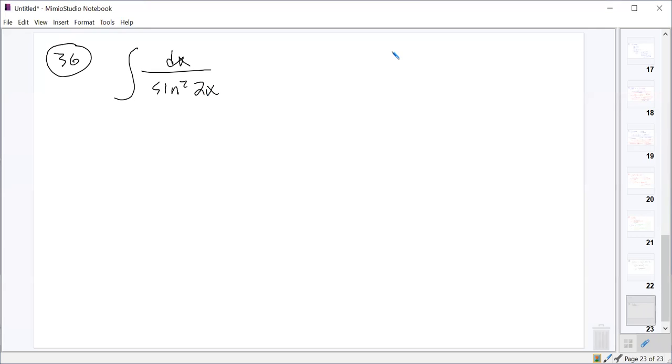if we're looking at 36, we're going to rewrite this for sure as just an integral of cosecant squared 2x dx, because we should know how to integrate cosecant squared. The integral of cosecant squared is negative cotangent. And so that just is a simple u sub with u equal to 2x.